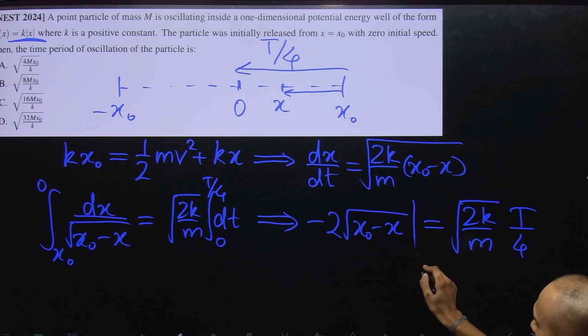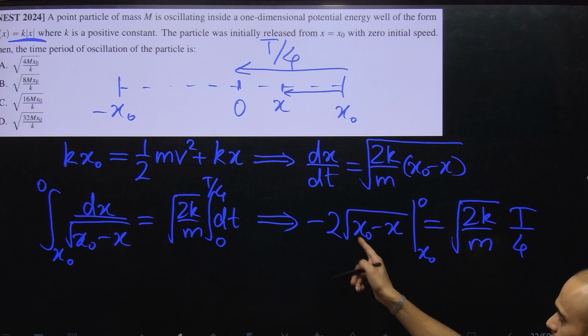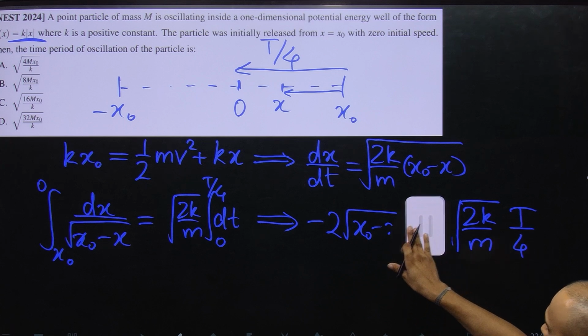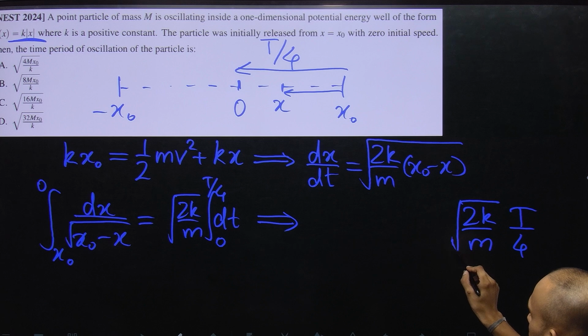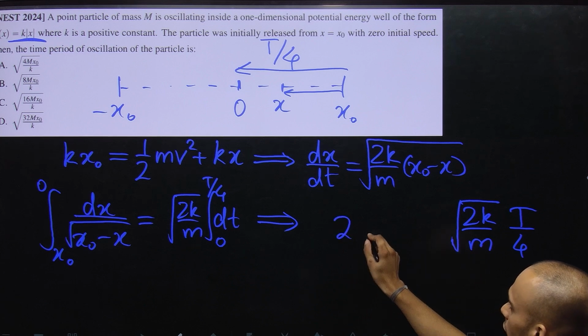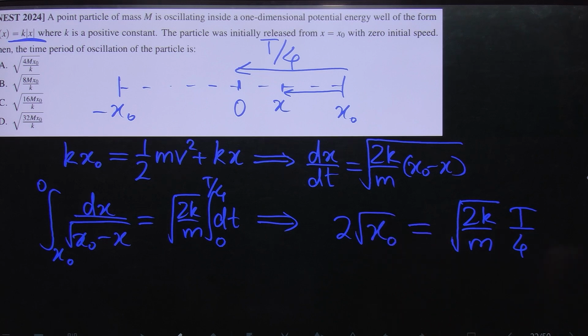Now, putting limits from x naught to 0, the upper limit is 0, so it will be minus of 2 into root x naught, and the initial limit is x naught, so it will be 0. So, putting limits, we get 2 under root x naught as the answer, which will equal under root 2k by m into T by 4.